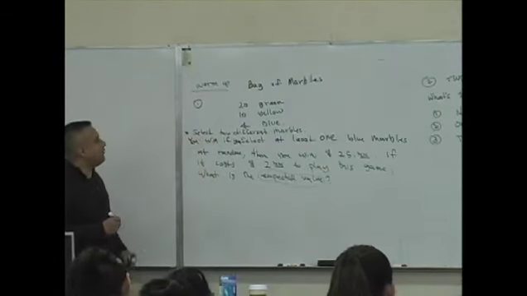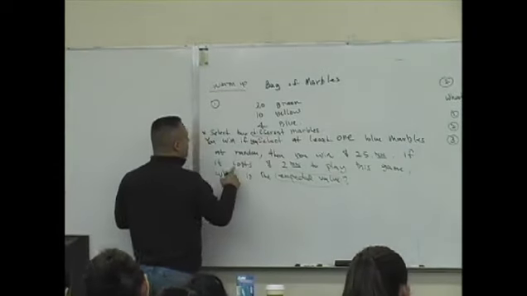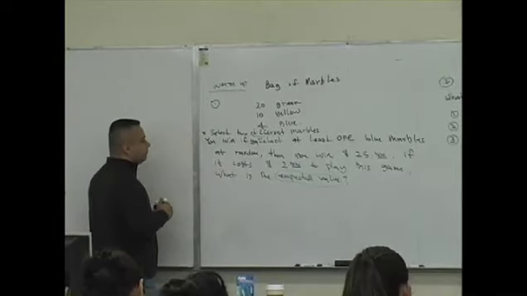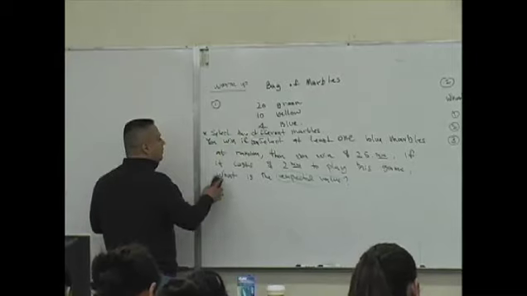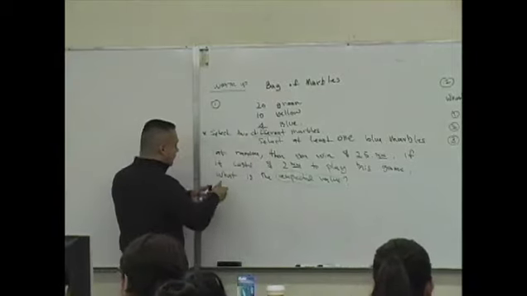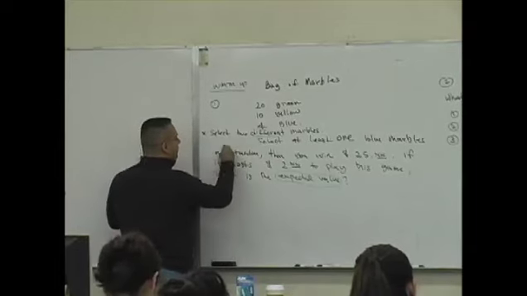So you're going to select two different marbles, right? So you win this game if you select at least one blue marble at random. If you select at least one blue marble at random, then you win $25.